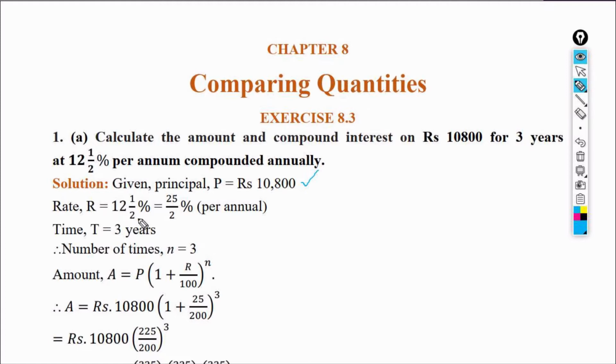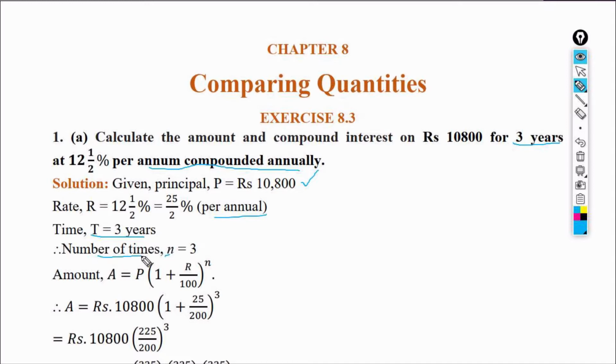Just convert it into a fraction, that is 25 by 2% per annum. Here it is mentioned compounded annually, that is per annum. Now it is given the time is 3 years. But we need n. n is the number of times.